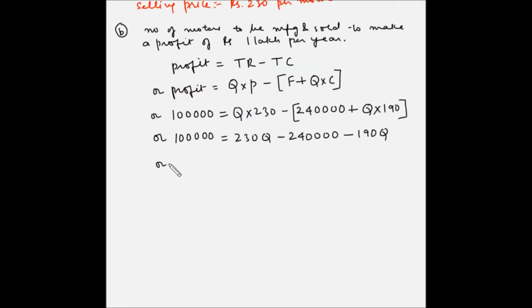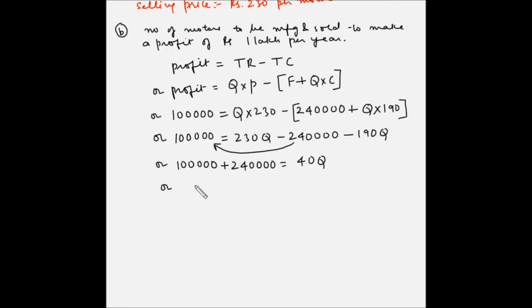So now let's bring the expressions with the variable Q on one side and all the others with the numbers only on the other side. So we'll bring this 2.4 lakhs on the other side. So 1 lakh plus 2.4 lakhs is equal to 230Q minus 190Q, which is 40Q.